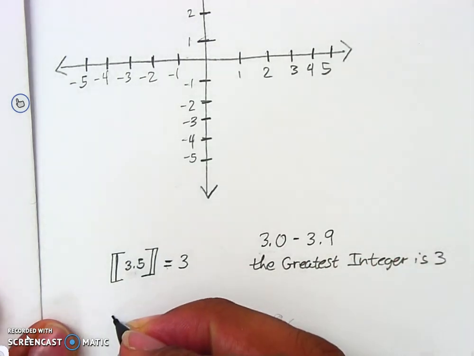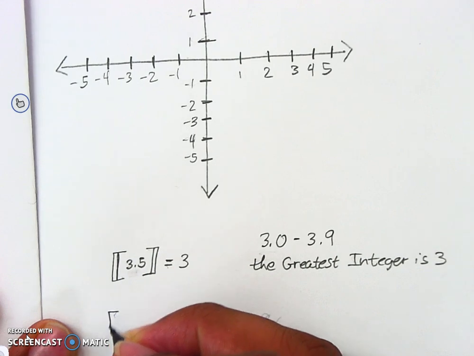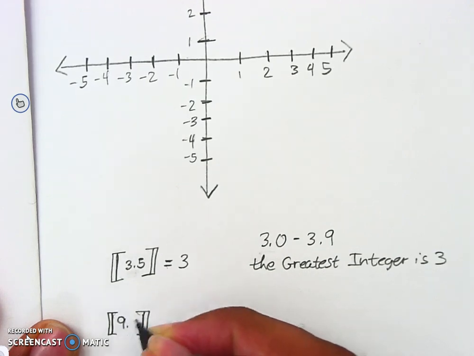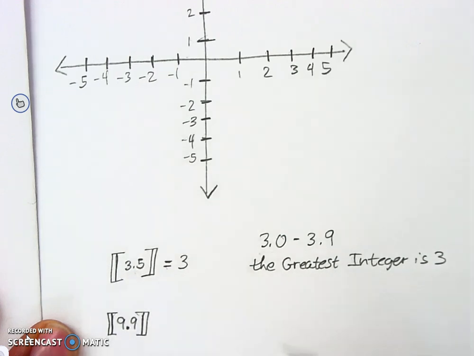Now, if we were to try something like this, and we put 9.9. Again, it is not 10 yet because it hasn't gotten to 10.